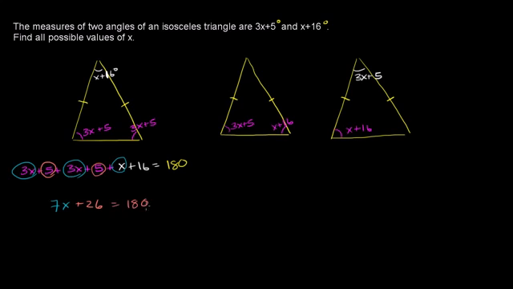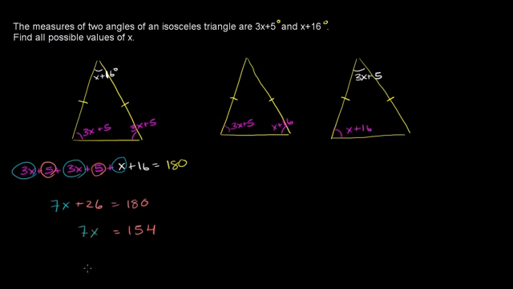And then we have 180 minus 26. If we subtract 26 from both sides, we get 180 minus 20 is 160, minus another 6 is 154. You have 7x is equal to 154.